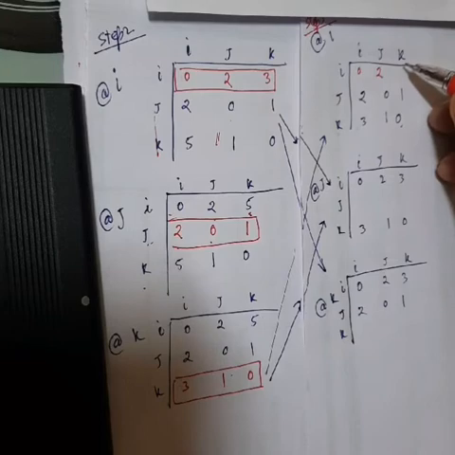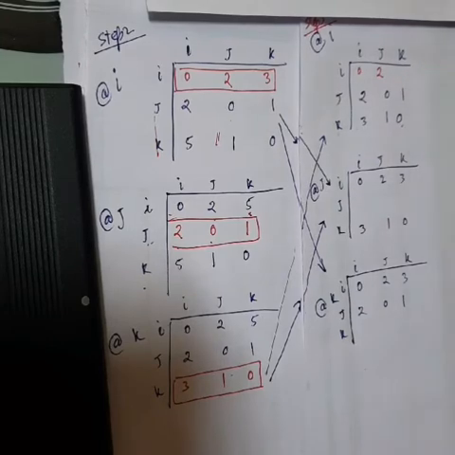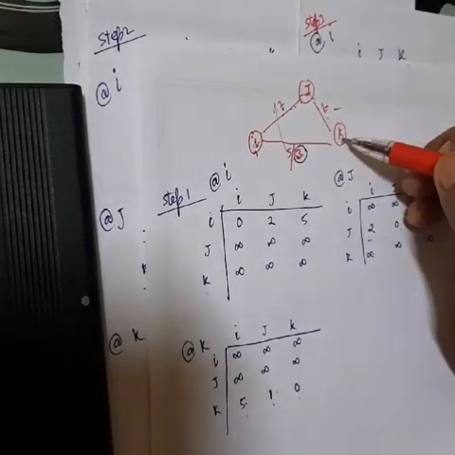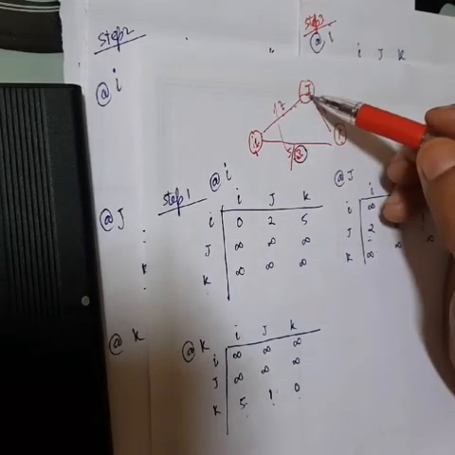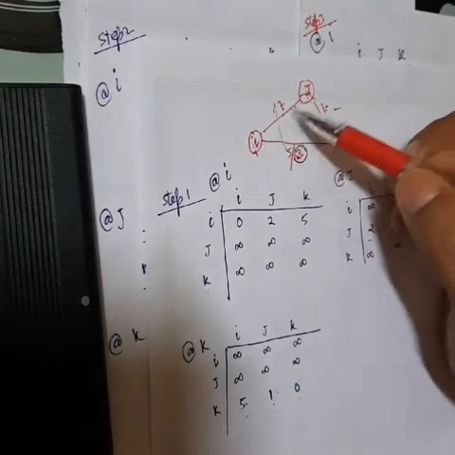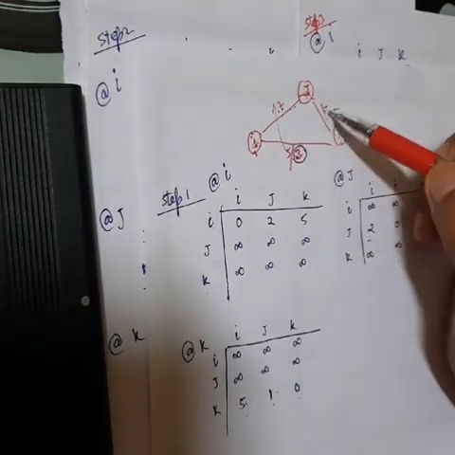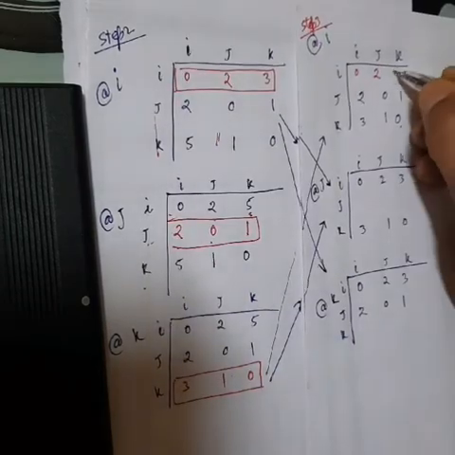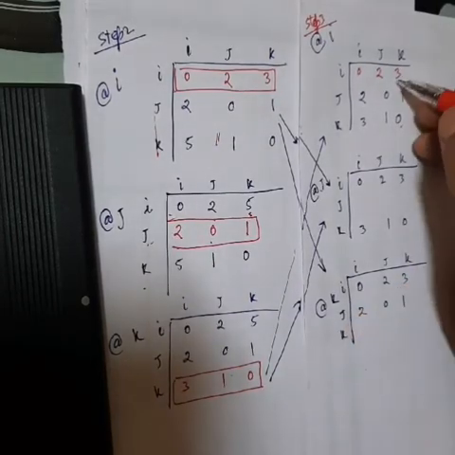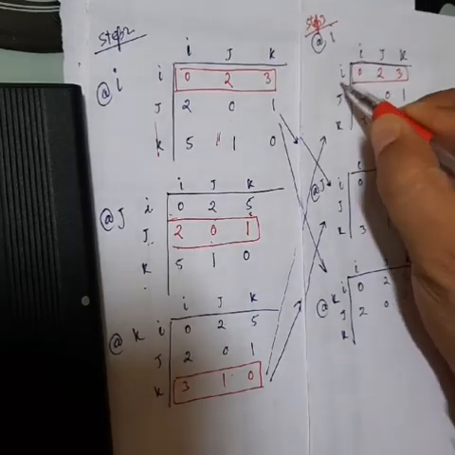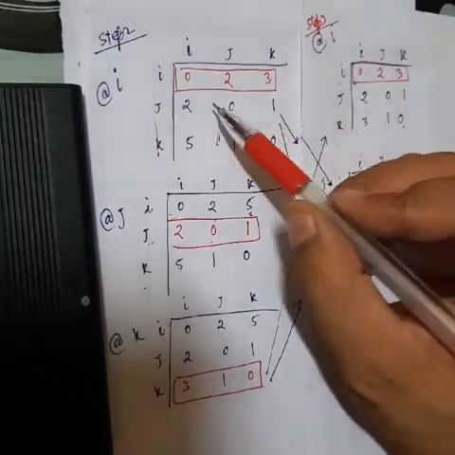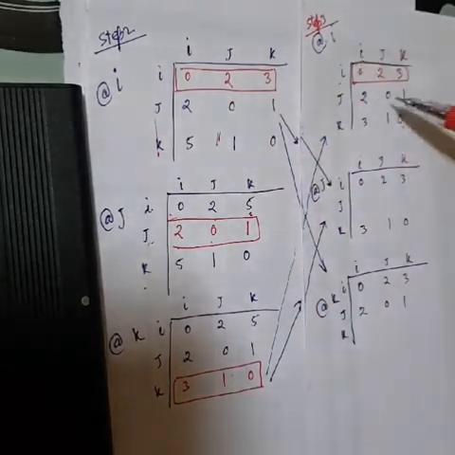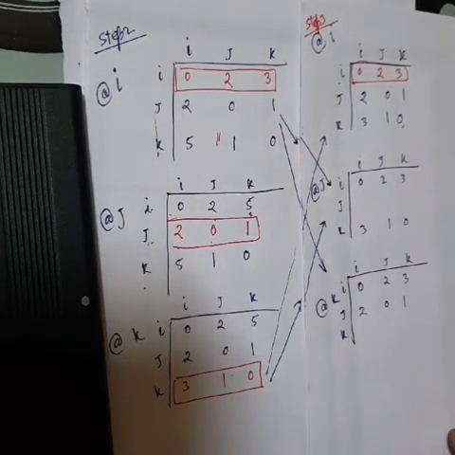Now for K, the value is calculated as follows. I to K direct value is 3, and including intermediate node J, I to J and J to K is 2 plus 1, which is 3. In this case both are the same, so the minimum value is 3. So the vector holds the values 0, 2 and 3. In step 2 we also received the values 0, 2 and 3, and in step 3 they are 0, 2 and 3, so there are no changes in this step.